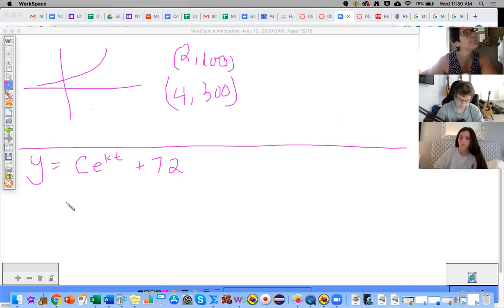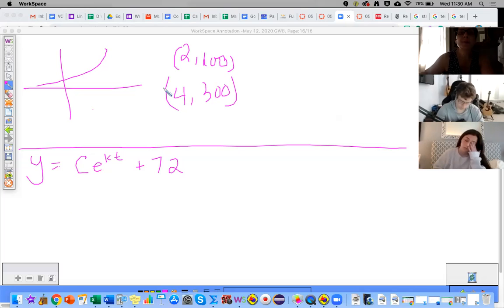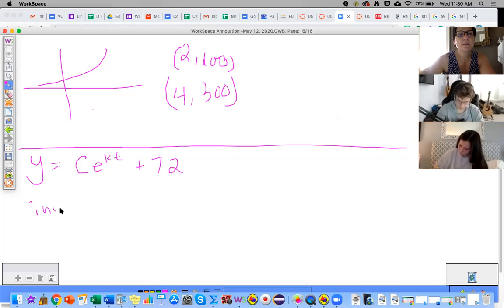And let's say the initial temperature, let's make it a slice of pizza, okay? Pizza coming out of the oven is typically like 400 degrees.